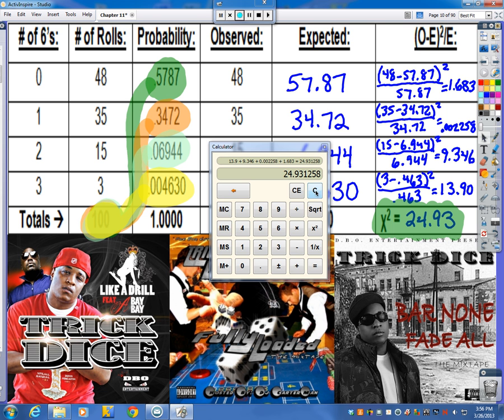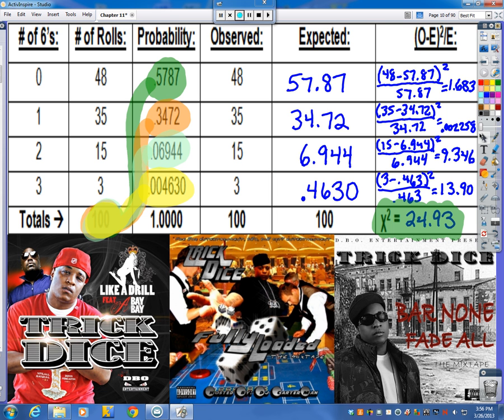Now, a follow-up question we can look at here is, which one of these things contributed the most to the chi-square value? If those dice that we were rolling were perfectly fair, we would expect each one of these chi-squared numbers to be 0, 0, 0, 0.